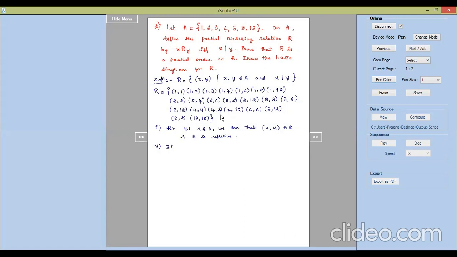If a comma b belongs to R and a is not equal to b, we see that b comma a does not belong to R. So therefore, R is antisymmetric.